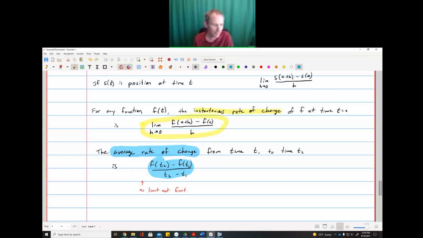Okay. And this can be for anything, right? If my function is temperature, then we could talk about rate of change of temperature over time. If my function is talking about the energy in some sort of chemical compound, we could talk about the rate of reaction.